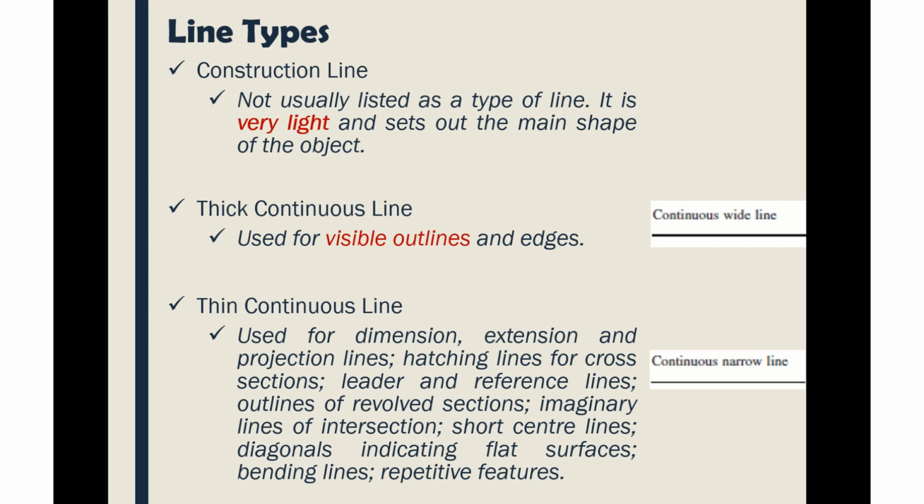Okay, it is not the outline. It is not to be seen. So that's why in this course we have made it part of the rules that your construction line should be as light as possible. If possible, you should be the only one that should know that the line is there.